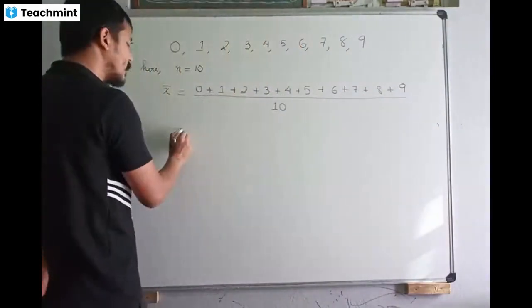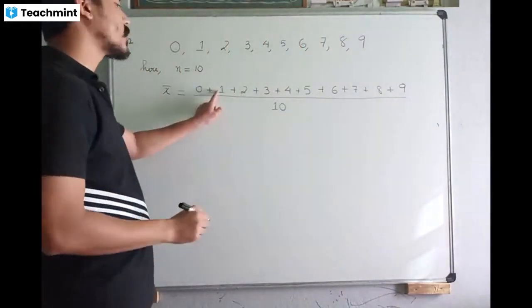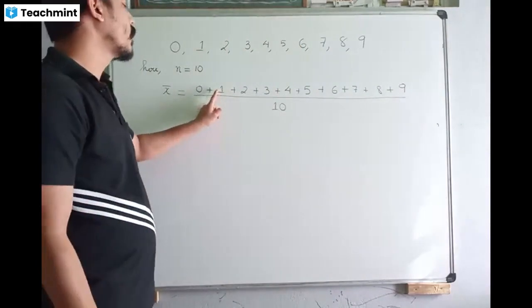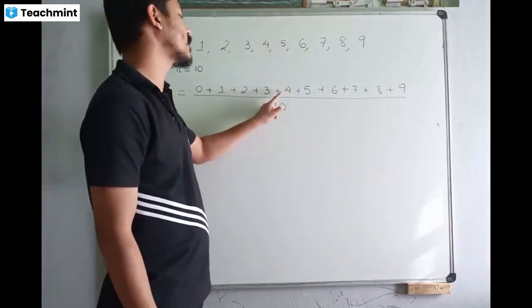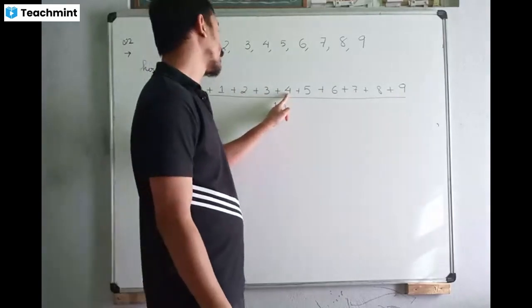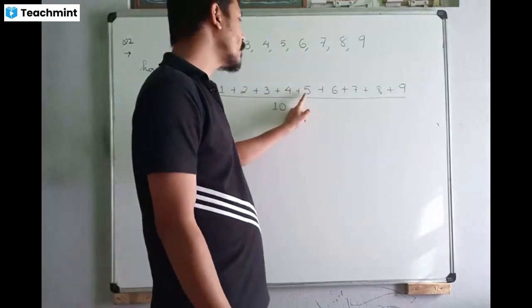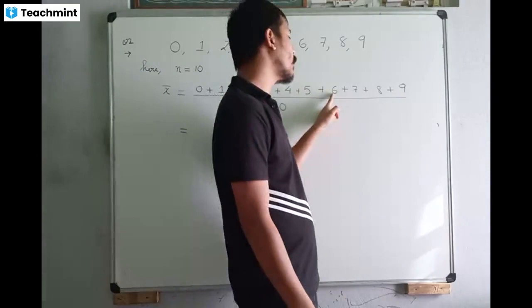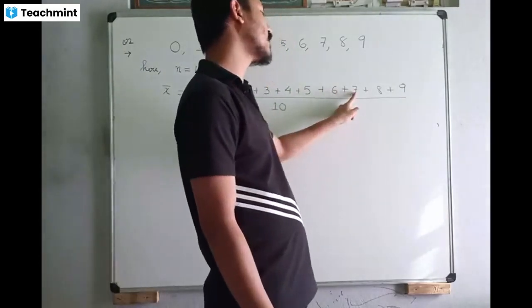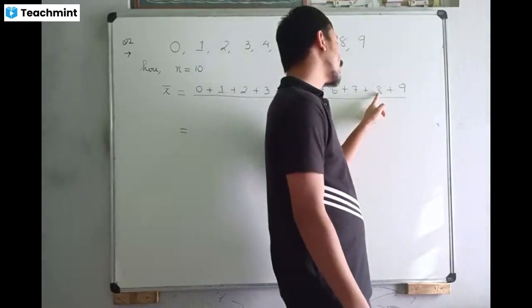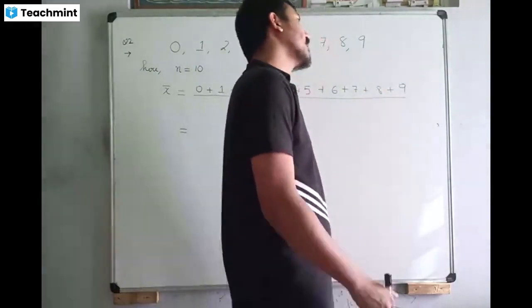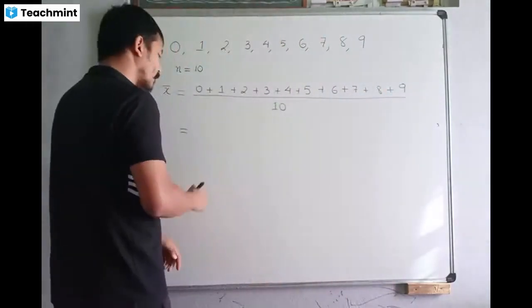Now you can add this up. 0 plus 1 is 1. 1 plus 2 is 3. 3 plus 3 is 6. 6 plus 4 is 10. 10 plus 5 is 15. 15 plus 6 is 21. 21 plus 7 is 28. 28 plus 8 is 36. 36 plus 9 is 45.